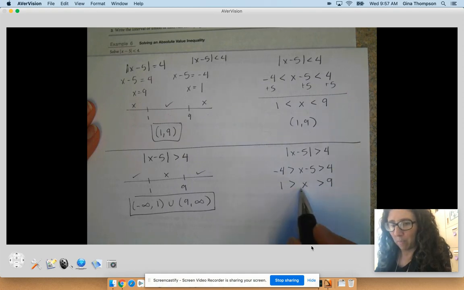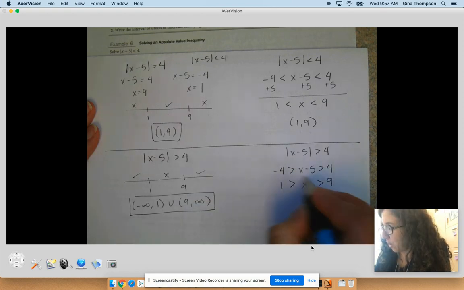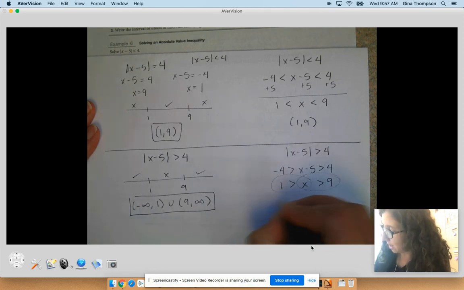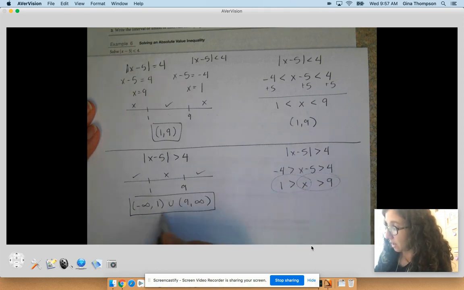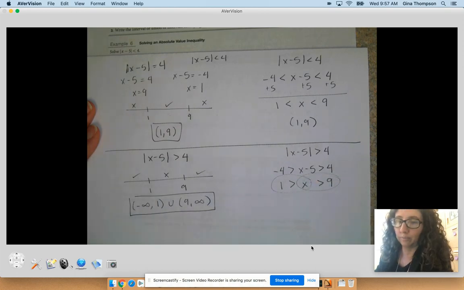What does that mean? Okay, really there's 2 separate intervals we're talking about here, right? So I have to write one inequality for this and one inequality for that. So again, I'd end up writing these same things, but I'd have to write x is less than 1 would be this interval, and x is greater than 9 is that interval.